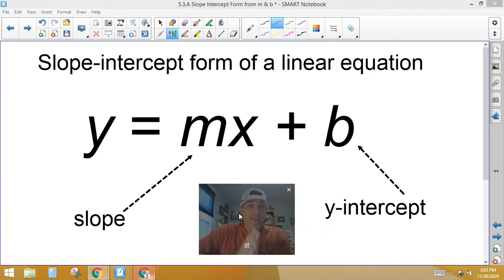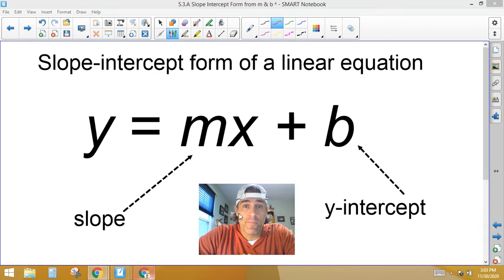Here is the slope-intercept form of a linear equation: y equals mx plus b. I've been talking about this for weeks now, and now here's the day where we're actually going to learn all about it. y equals mx plus b. Slope is the letter m. I'm sure there's a fantastic, good, long reason. I still have yet to look it up. Mountains, they have slope.